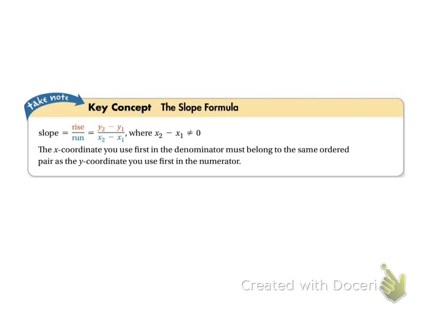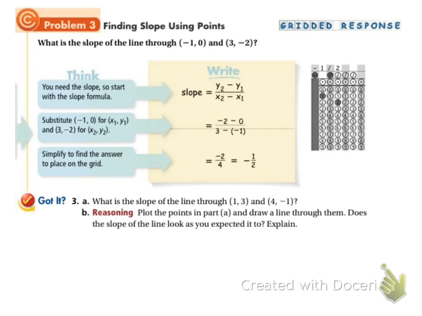Okay, here's our official slope formula. y2 minus y1 over x2 minus x1. So our got it problem says, what is the slope of the line through (1, 3) and (4, negative 1)? So I'm going to label these. It doesn't matter which point you choose as point number 1 or point number 2. So x1, y1, x2, y2.